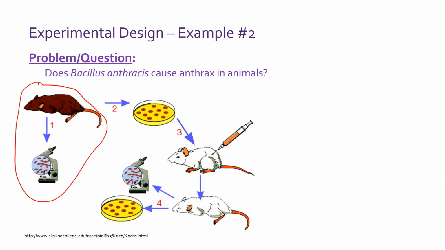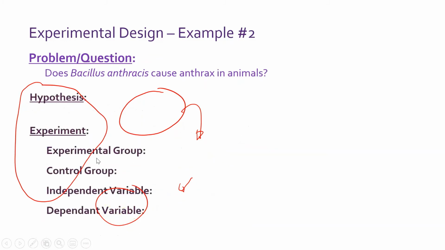The next thing he did is he took these bacteria and grew them up in the lab in a pure culture, and then he introduced them to new healthy animals. The healthy animals died, and he noticed the same bacteria was found there. This is very simple, but it is the kind of thing that had not been done. Being able to culture these organisms in pure cultures had never been done before.